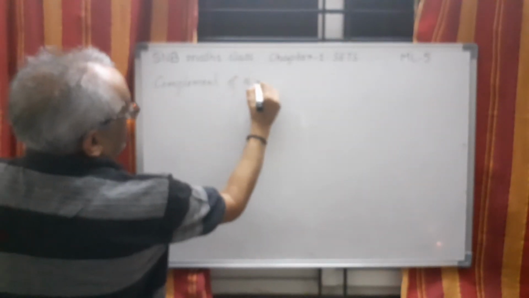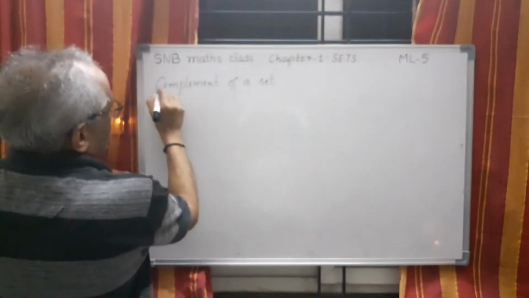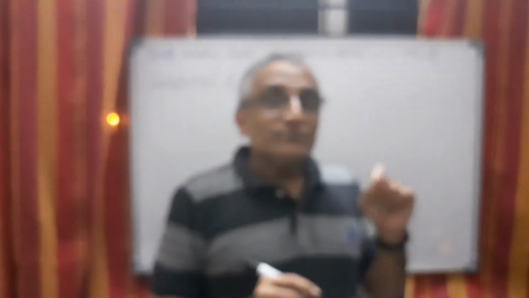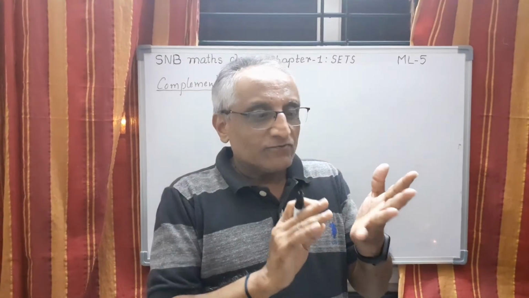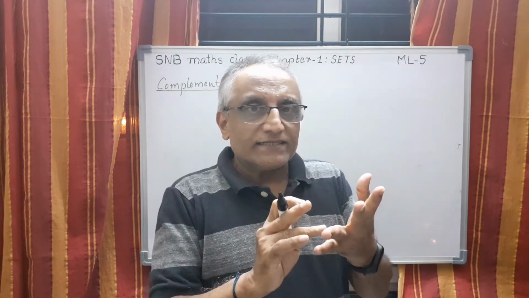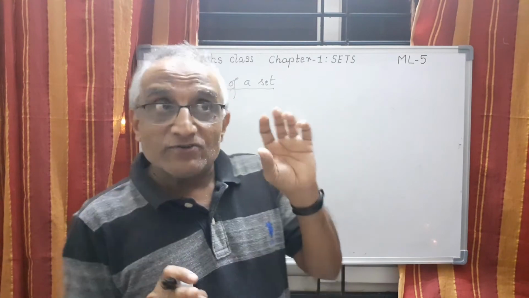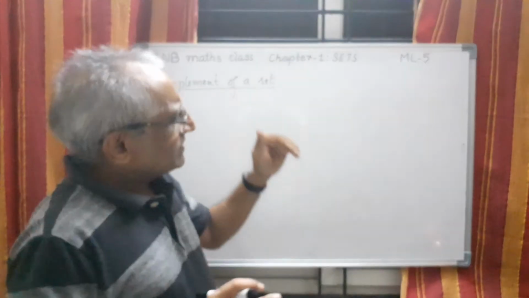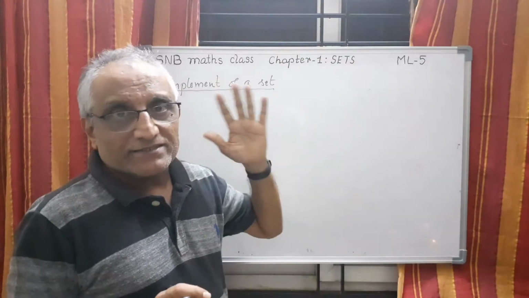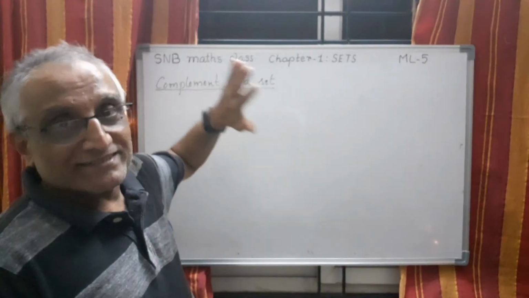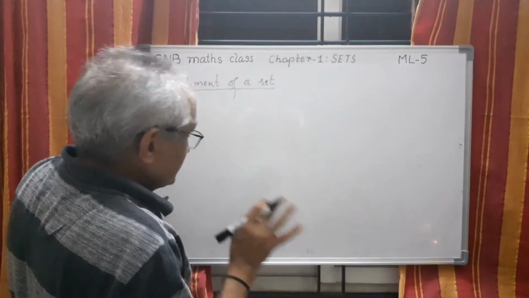For complement, you need the universal set. So far, for union, intersection and difference, we need not depend on the universal set. You take any two sets, we can perform the three operations. But for the complement of a set, U is a must.